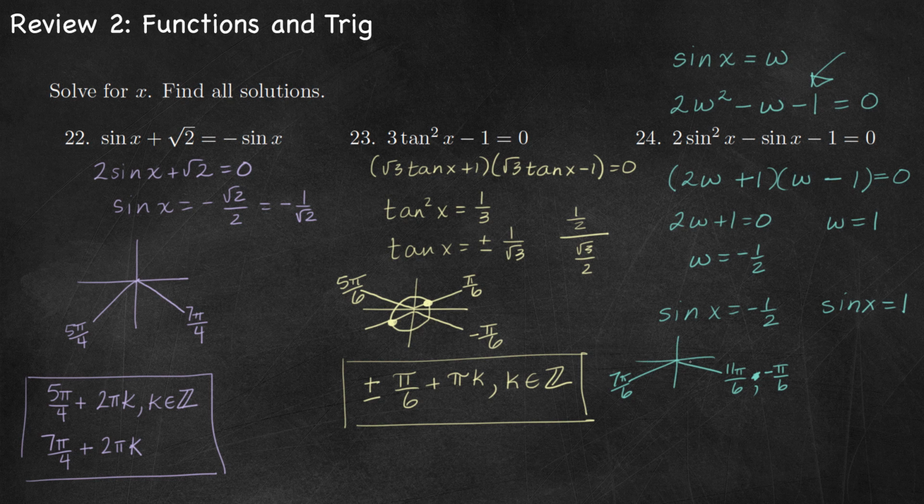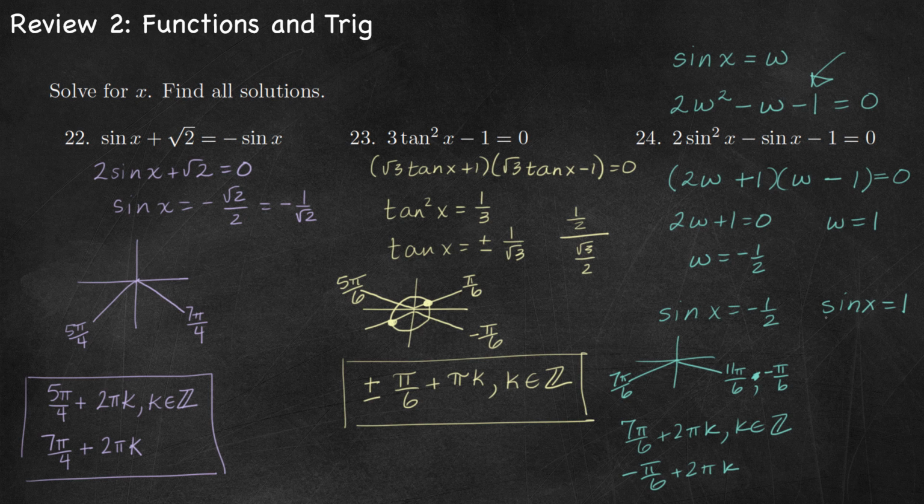And then we want to add the period, so add 2 pi to get corresponding solutions in subsequent cycles. So I have 7 pi over 6 plus 2 pi k for some integer k. I have 11 pi over 6, or we can say negative pi over 6 plus 2 pi k.